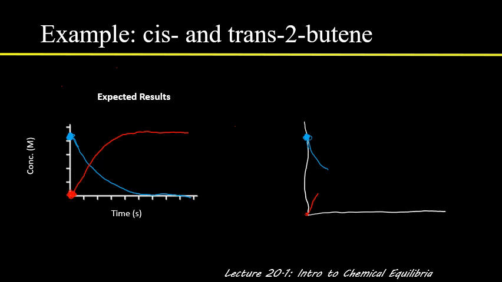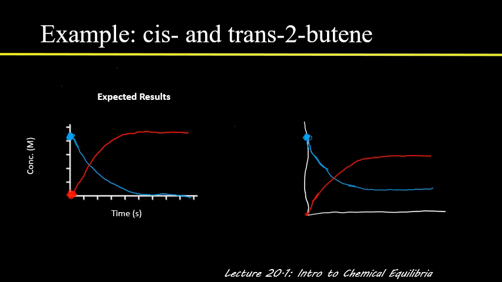But the concentration of the cis molecule doesn't decrease all the way to 0. It goes down a bit, and then it kind of plateaus. And the concentration of the trans molecule does the same thing. It increases, and eventually it plateaus.